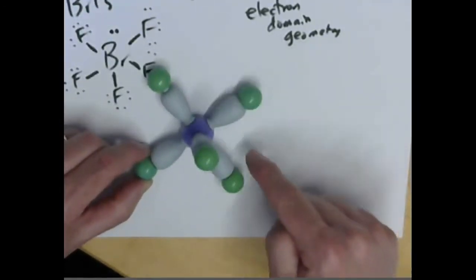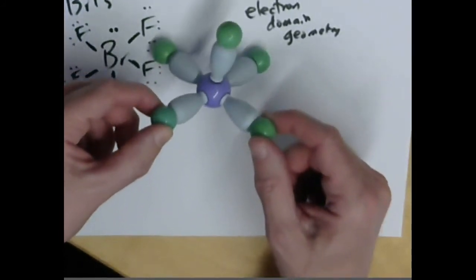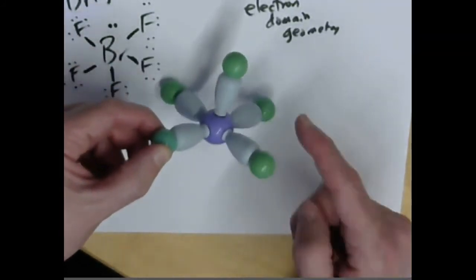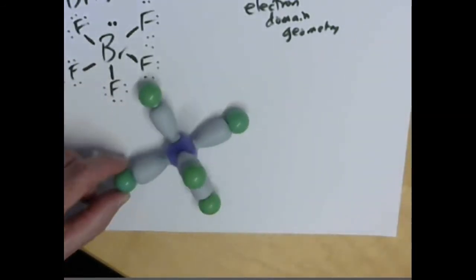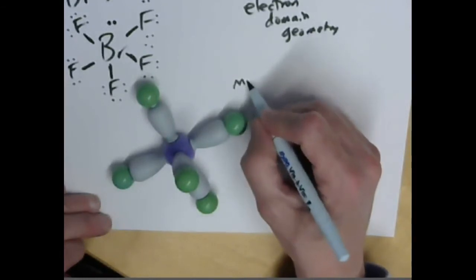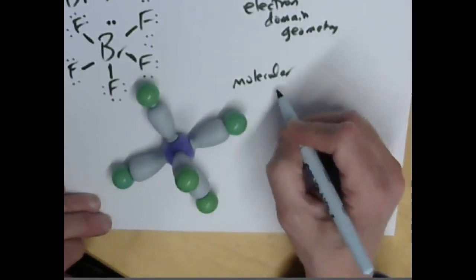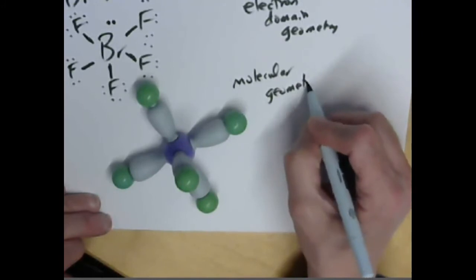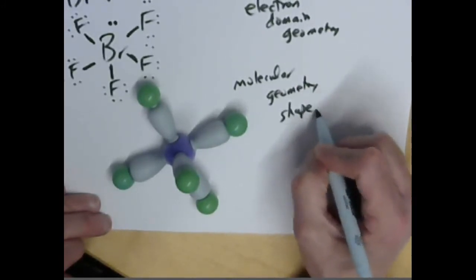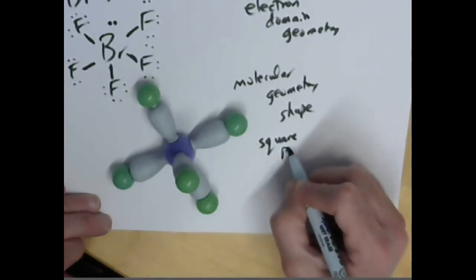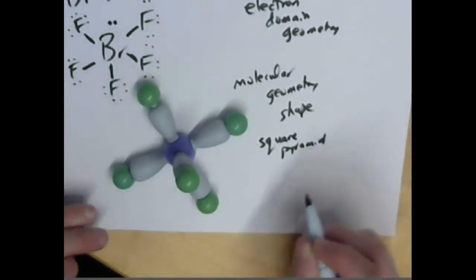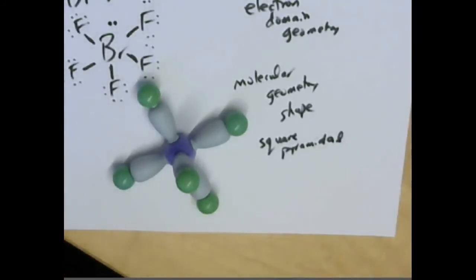So you see the square, and then if I turn it this way and maybe use your virtual reality minds, you see that there's a 4-sided pyramid, and down here's the base. So the molecular geometry, the shape, is a square pyramid, or a square pyramidal shape. The geometric figure is a square pyramid. The shape is a square pyramidal shape.